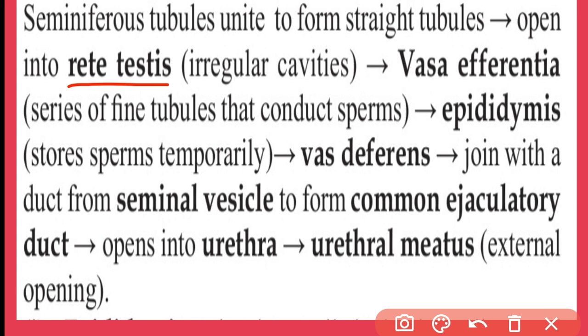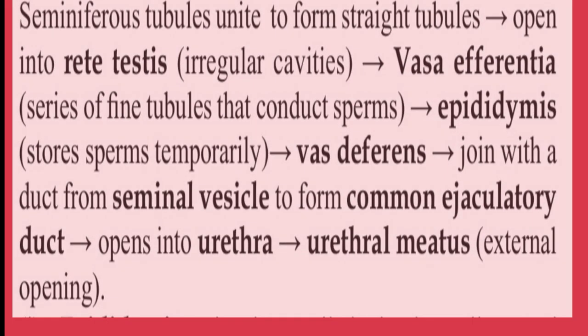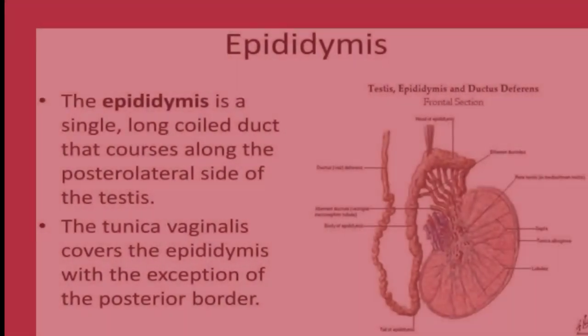Then to the epididymis, where the sperm is stored temporarily. Then to the vas deferens, which joins the duct from the seminal vesicle to form the common ejaculatory duct. Further, it opens into the urethra and then the urethral meatus, an external opening. This is the journey of sperms.